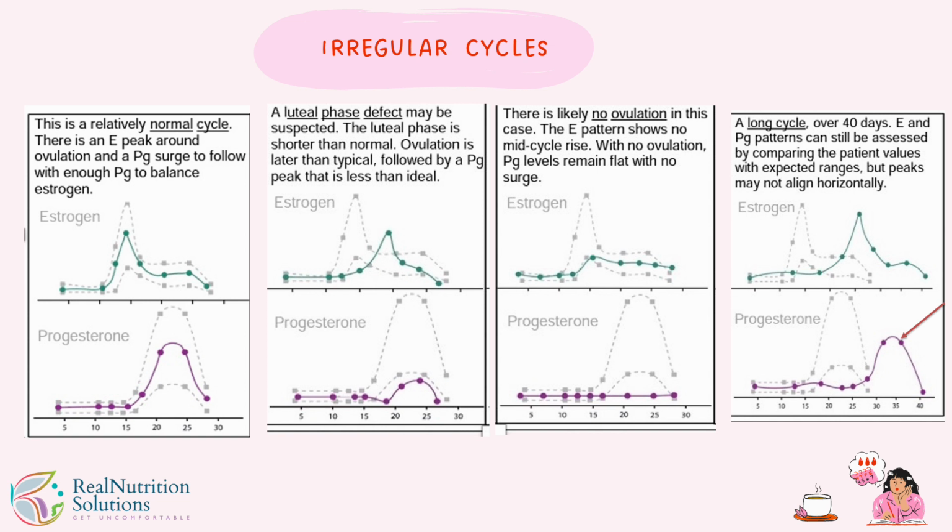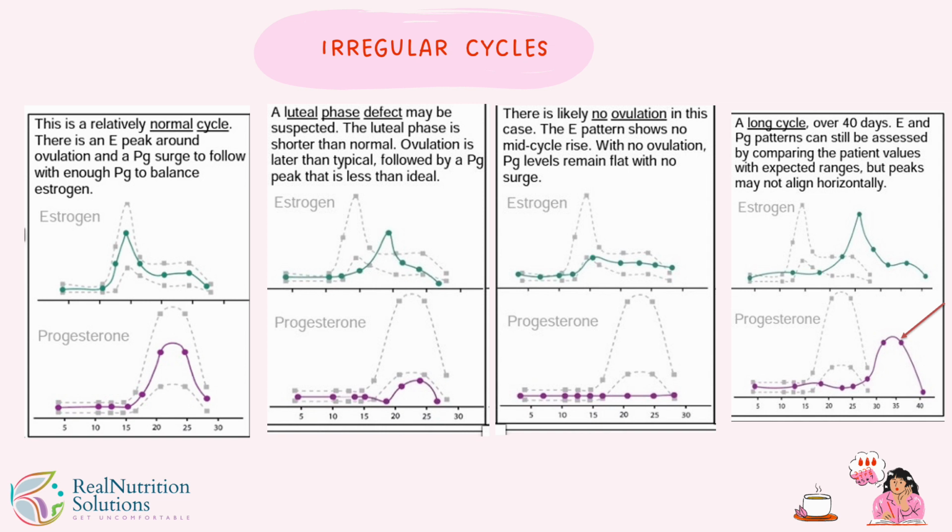Also, in a situation like this, because estrogen is higher than progesterone in that phase of the cycle, you could be experiencing some of the effects of estrogen dominance we talked about in our previous video. In the third scenario, this person barely ovulated, with barely any estrogen production or spikes, so we don't anticipate that they've ovulated.